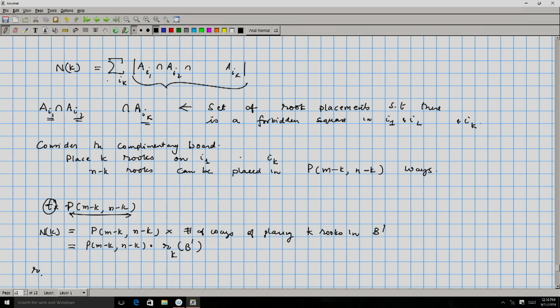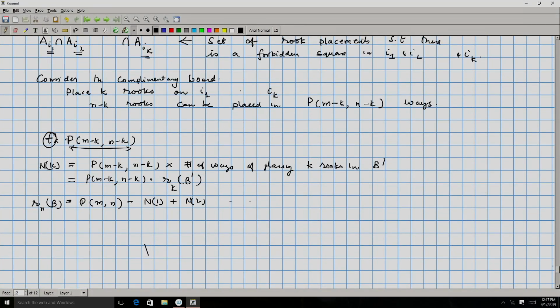Therefore, R n B we can just write as P m n, this is the total number of ways. Now, we can apply inclusion exclusion: minus N1 plus N2 and so on, and N1 and N2 we already know.